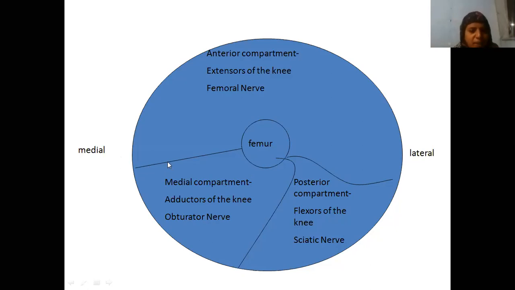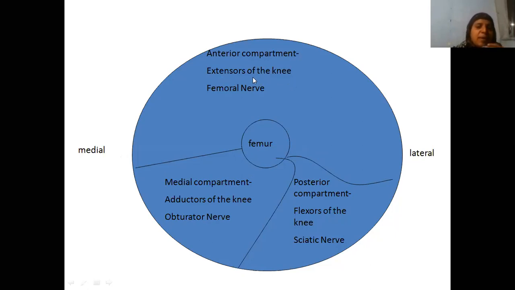We have the medial intermuscular septum, the lateral intermuscular septum, and the posterior intermuscular septum, which are attached to the borders of the shaft of the femur and divide the thigh into compartments. In front we have the anterior compartment, also called the extensor compartment.